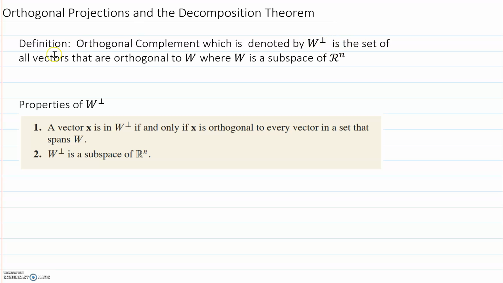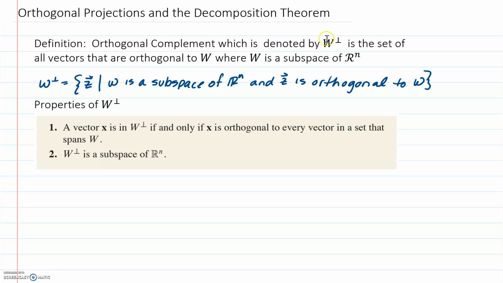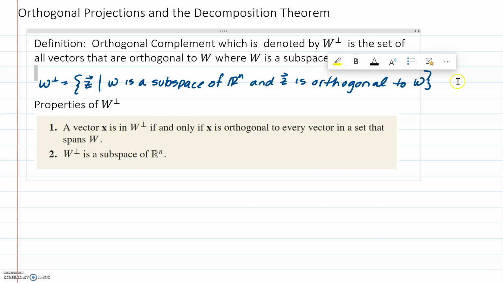It is the set of all vectors that are orthogonal to W, where W is a subspace of Rn. Since W perpendicular is the set of all vectors that are orthogonal to W, we can write this in set notation: the set of vectors Z, where W is a subspace of Rn, and Z is orthogonal to W.